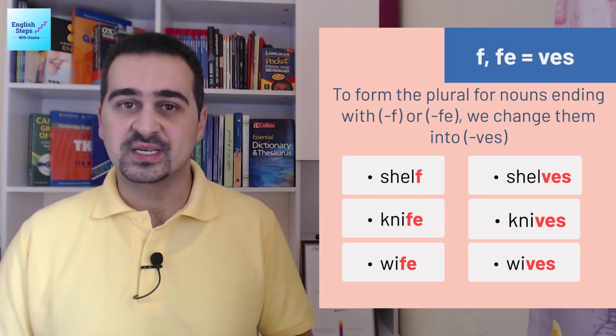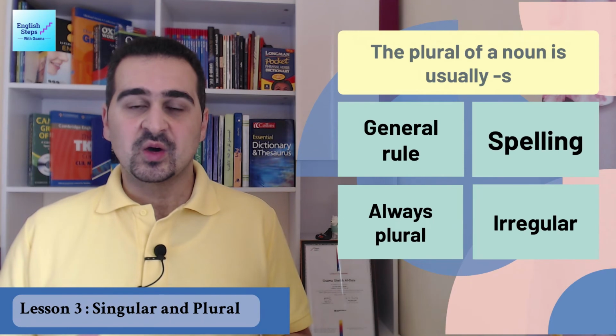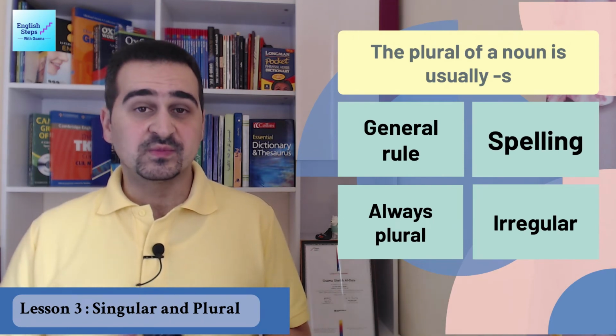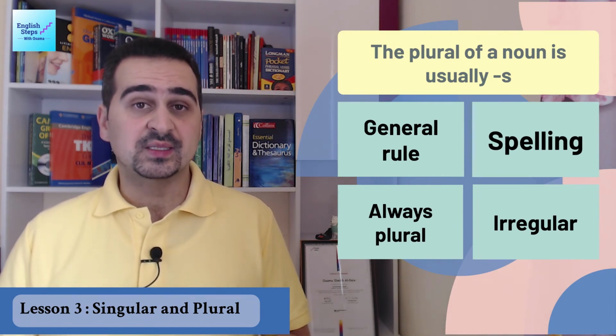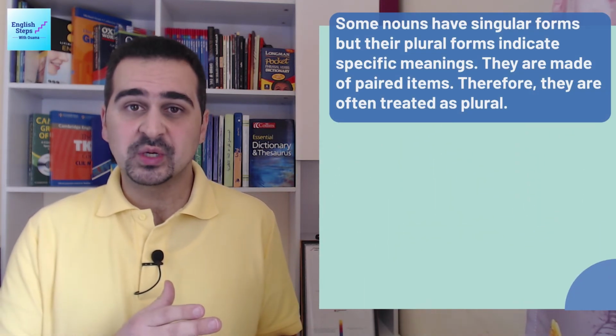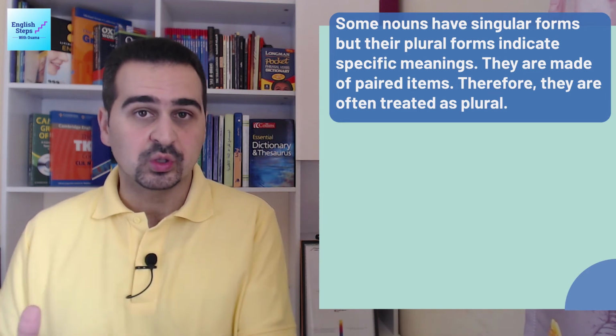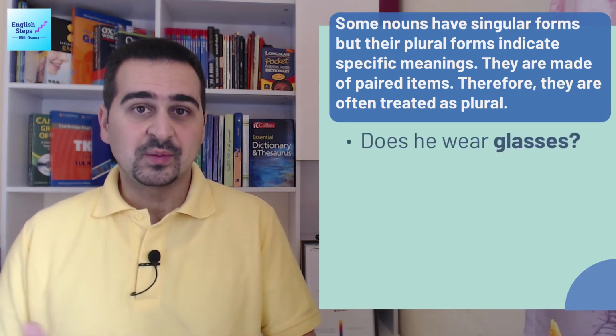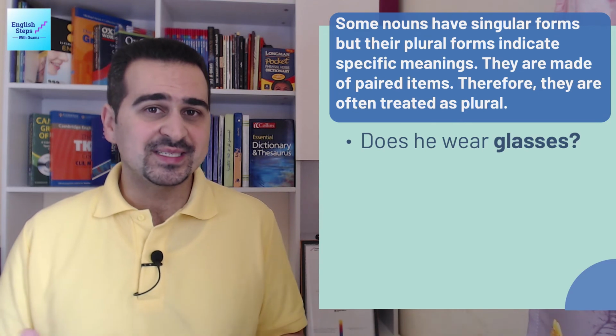Now, have you ever thought of nouns that are usually used as plural? In English, there are nouns that have singular forms, but they are usually used as plural. For example, I say, does he wear glasses?